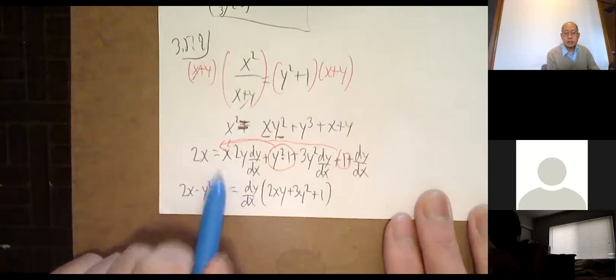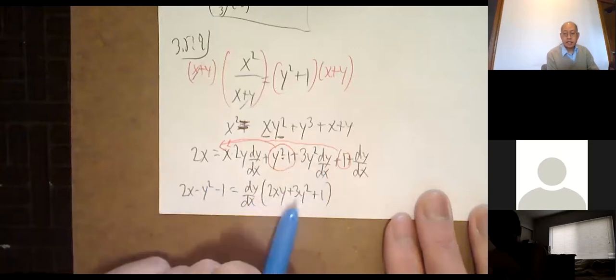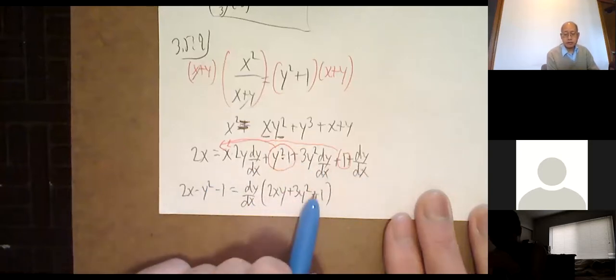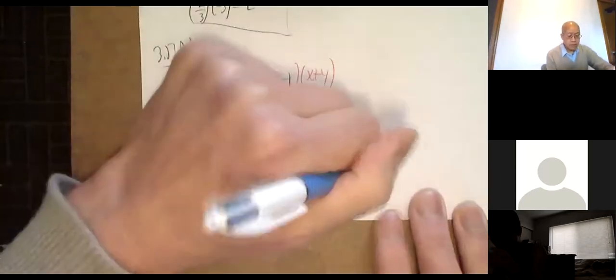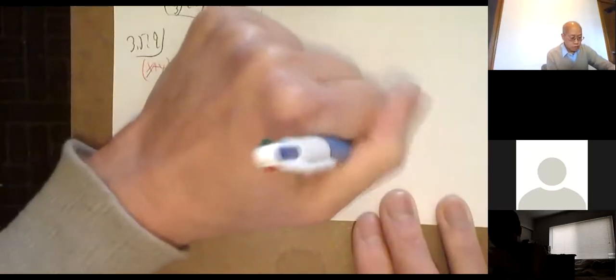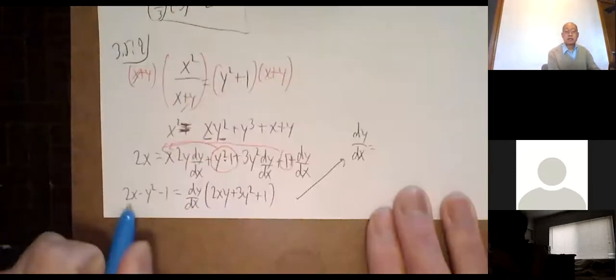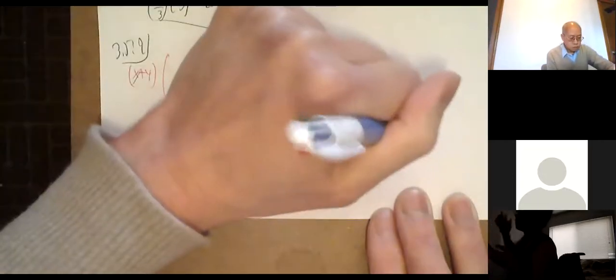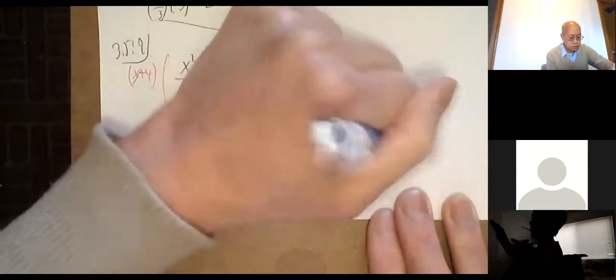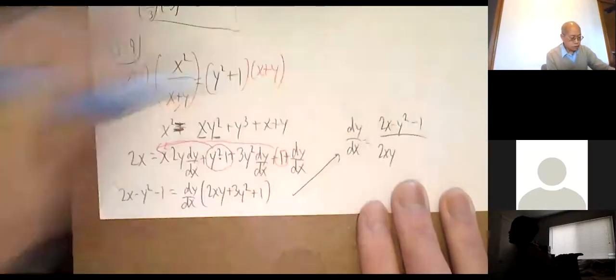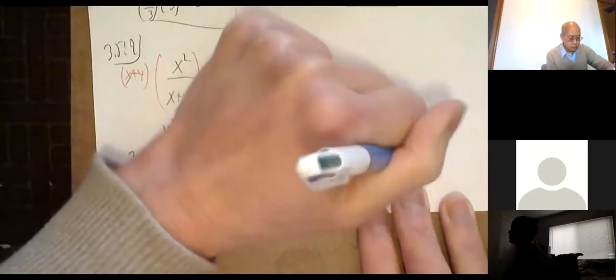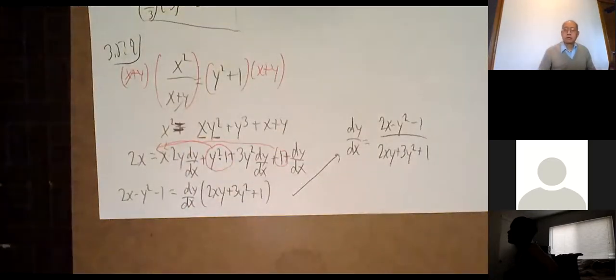So dy dx times 2xy plus 3y squared plus 1. Okay, now you just divide by that and you're done. Dy dx is this thing, and you're dividing both sides by that. So 2xy plus 3y squared plus 1, like so. And that can be your final answer.